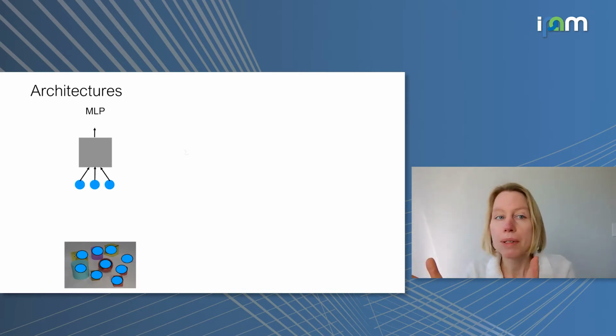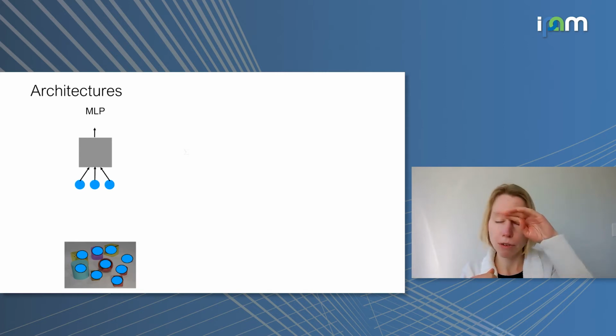And so let's go from simpler to more complicated architectures in some ways. So the first attempt would be to just use an MLP, a feedforward neural network, fully connected. And I just concatenate my input features. Of course, this has several drawbacks, as you may imagine. This is not permutation invariant. It doesn't actually take into account that this is a set and not a specifically ordered set of items.